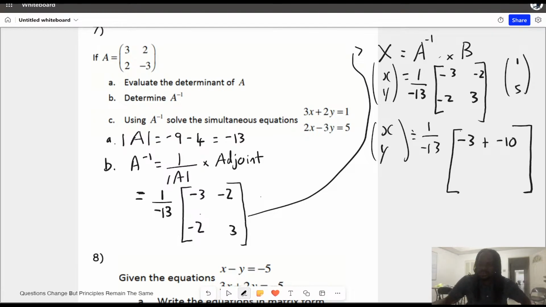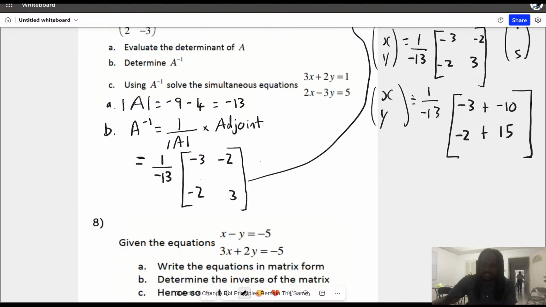Next row, negative 2 times 1, negative 2, plus 3 times 5, 15. So X, Y, that is definitely not a good looking X right there.